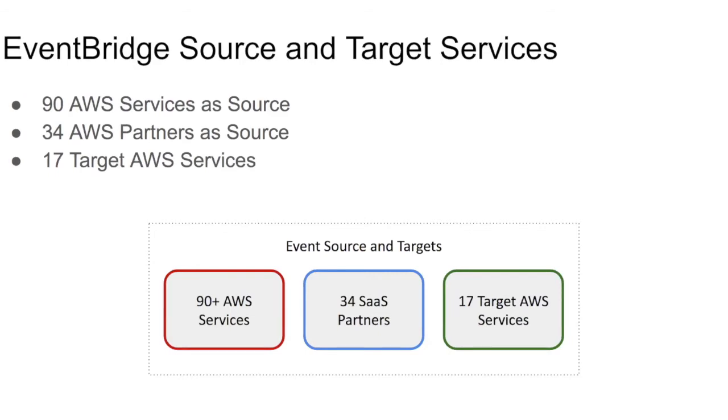So once you receive the event, once you do the filtering, once you do the transformation, you can use any of these as a target. And as I mentioned, each rule can have up to 5 targets, so you can do the fan out as well. Compared to SNS, which has much fewer target services, I do not remember the exact number, EventBridge has a higher number of target services. So these are the current integration options available.